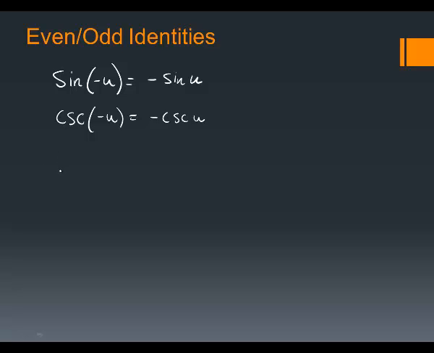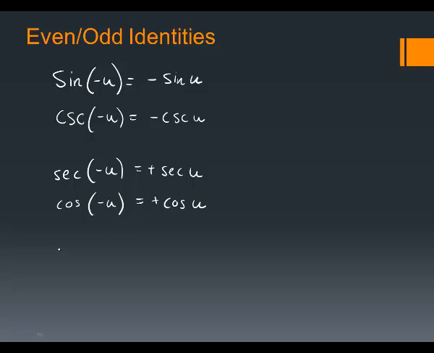Secant negative u equals positive secant u, so there we have a different type of function. Cosine of negative u turns out to also equal positive cosine of u.